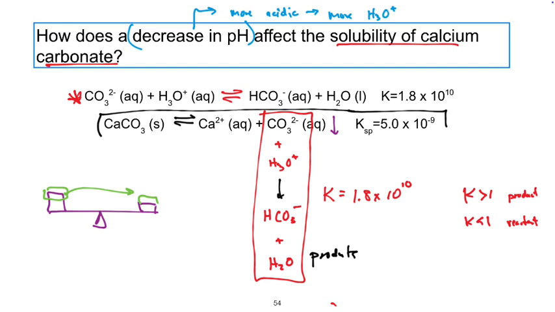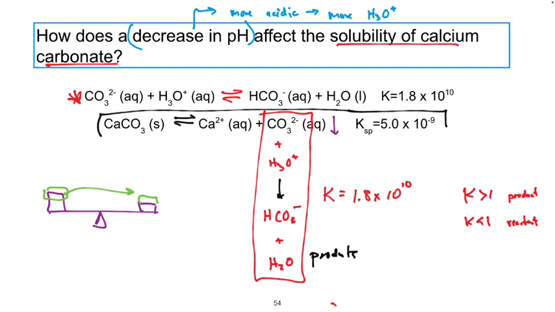Our reactant here is a solid, so it never shows up in the chemical expression, but what does that mean about its ability to dissolve? If its quote-unquote concentration goes down, we're getting less solid and more aqueous. Which means what happened to the solubility?